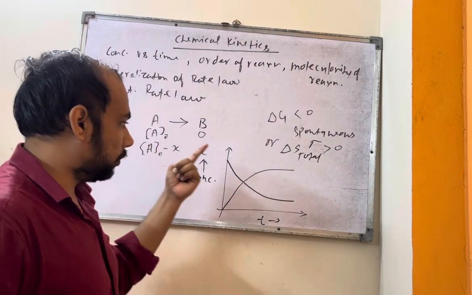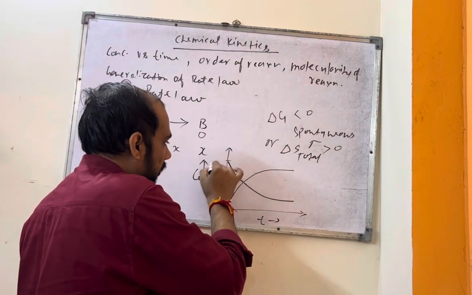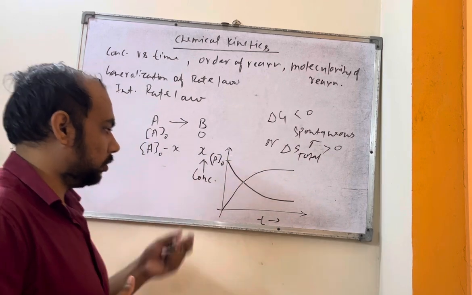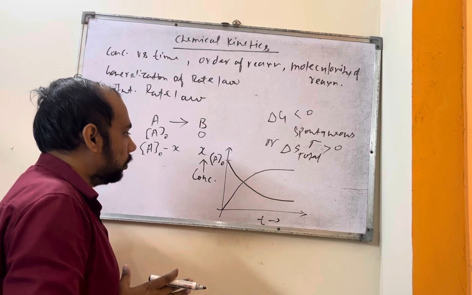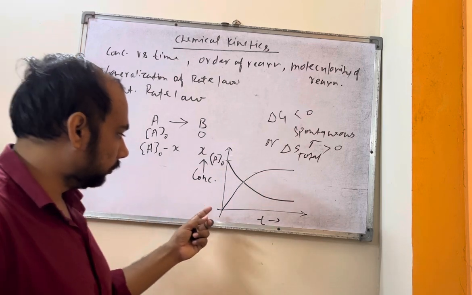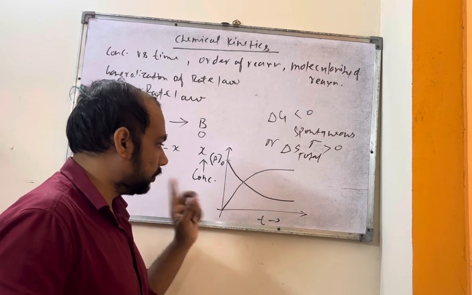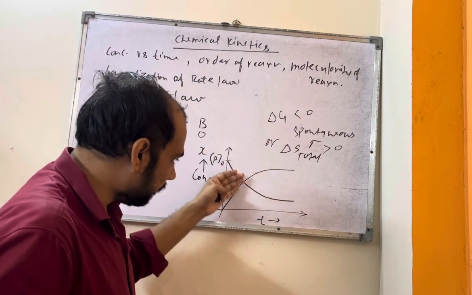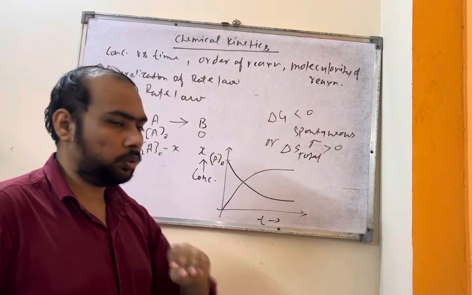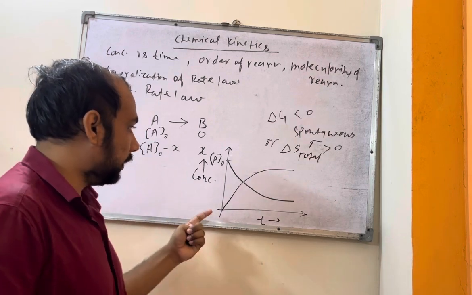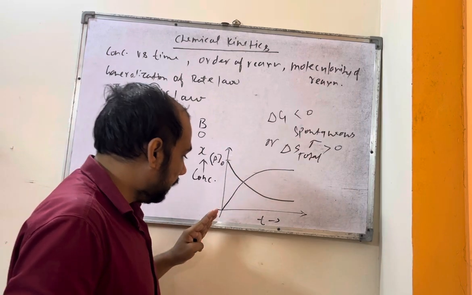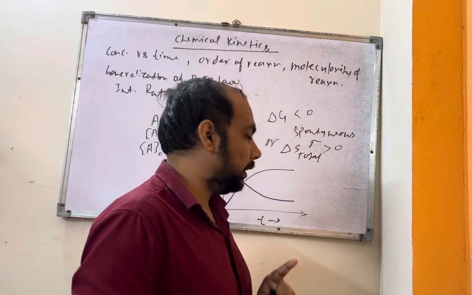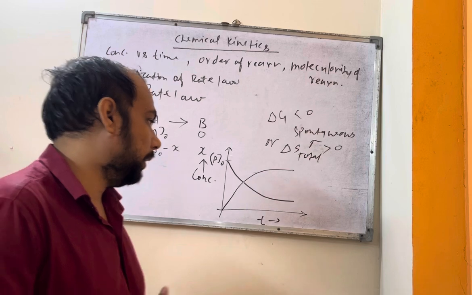This is our concentration A0, the initial concentration of A, and the initial concentration of B was 0. A is going to disappear, its concentration is going down, and then it is going to be constant. And in the case of product B, its concentration is increasing and then finally it will be constant.